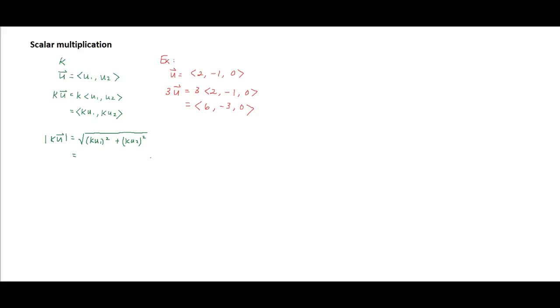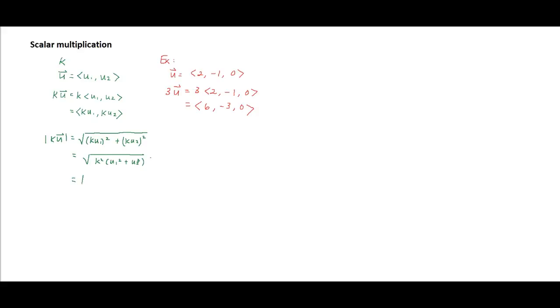But factoring out the k squared from both terms inside the square root, we get k squared times (u1 squared plus u2 squared). But you know that the magnitude of k can come out of the square root.